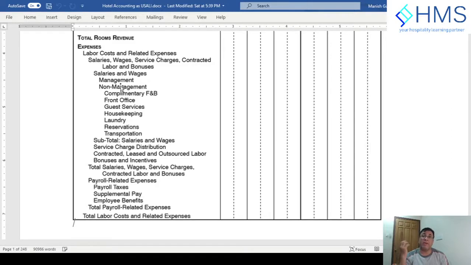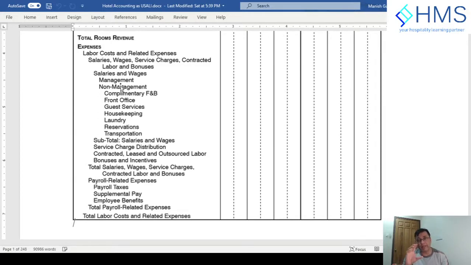And then you have employee benefits. Supplemental pay may include incentives as well. Employee benefits are usually the non-cash benefits which are paid to the employees, or sometimes cash allowances for meals, for ferry, for housing and other things. So we're going to be learning in more detail what is covered in those sections. And then the total labor cost is arrived at.